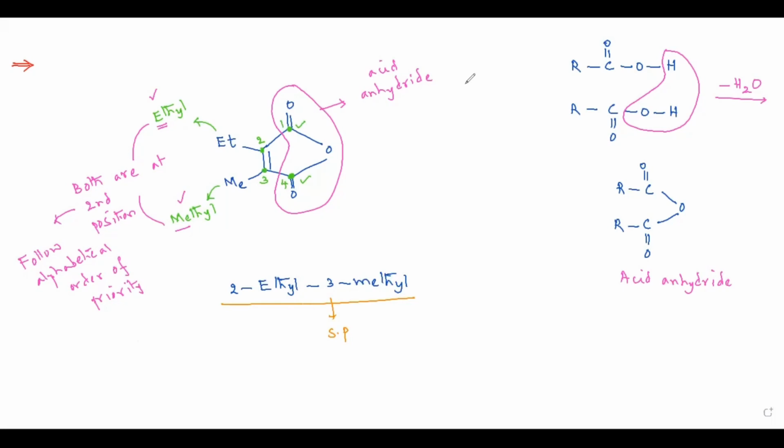Now overall, you got 4 carbons, no primary prefix because it is not cyclic. 2-ethyl, 3-methyl, but because there are 4 carbons, 1, 2, 3, 4, this is a root word. And see, after the second carbon, there is a double bond. So write butene. This is your primary suffix. Butene.